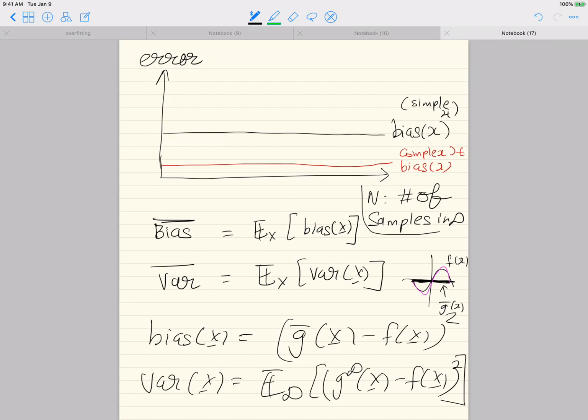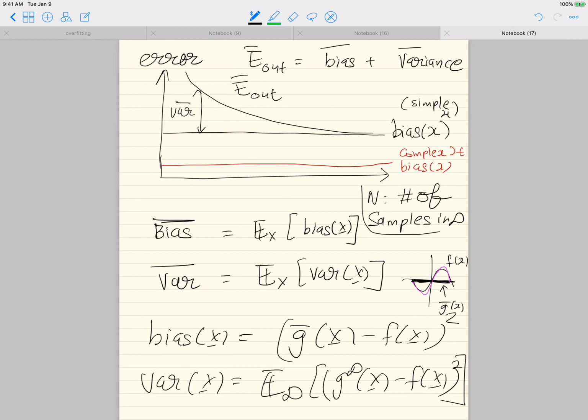Right? So your variance would be a function that decreases with n, and so if you sketch E out, which is the average bias plus the average variance, E out might look like this. So this at any point is the variance. So the variance is going to decrease.